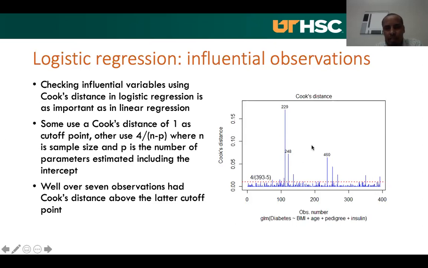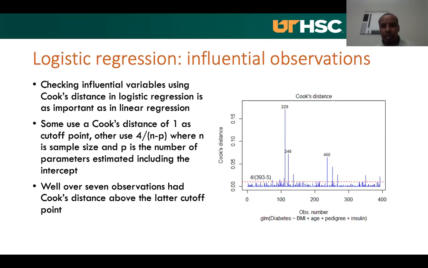Cook's distance is calculated by omitting a given observation from the analysis, calculating the beta values and predicting the outcome, and then including that same observation in the analysis and calculating the predicted Y or the event, and taking the difference between these two predicted Y values divided by the standard deviation of the residuals times the number of parameters to be estimated. That gives us the Cook's distance.